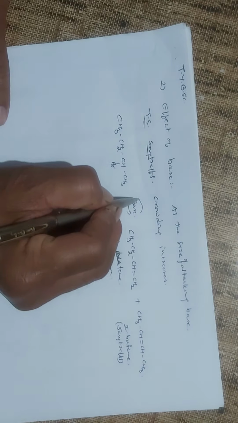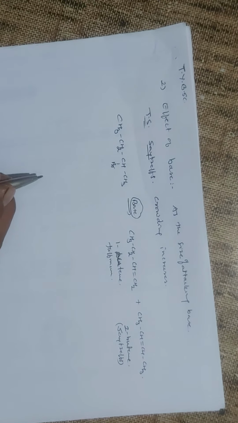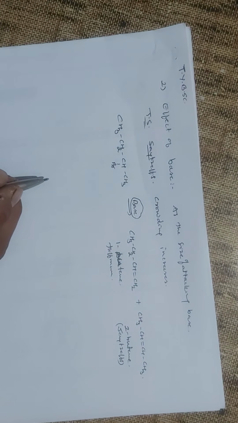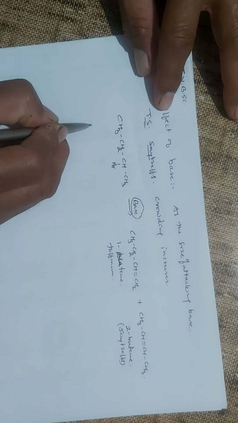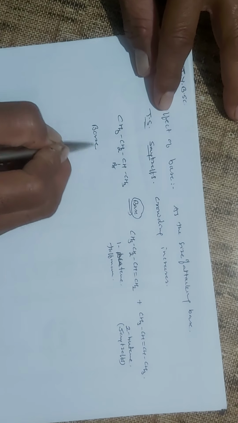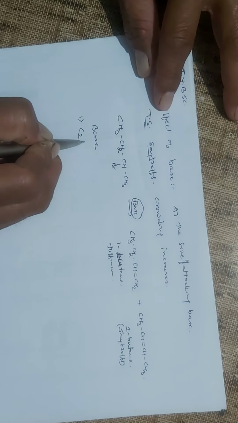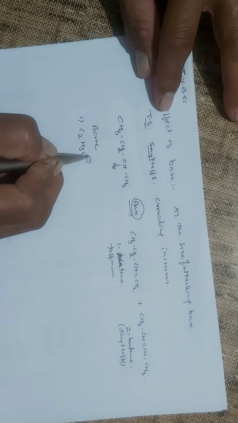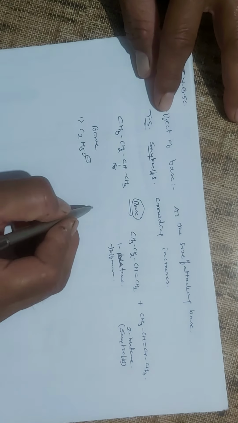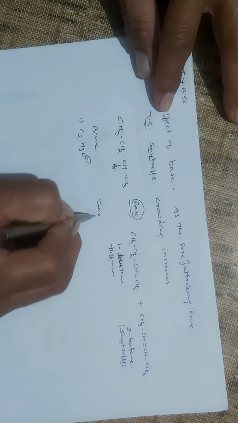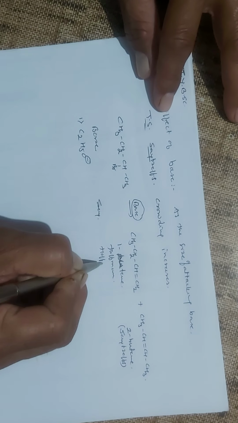And if you change the size of the base for this reaction, if the base used is ethoxide, it means the size of the attacking base is less. So what is the difference in the Saytzeff's and the Hofmann's product?